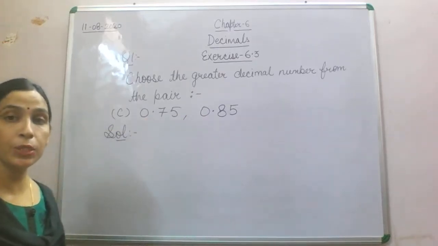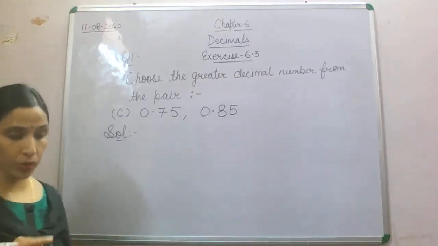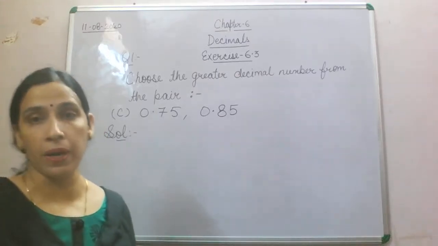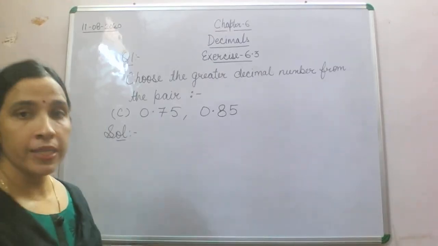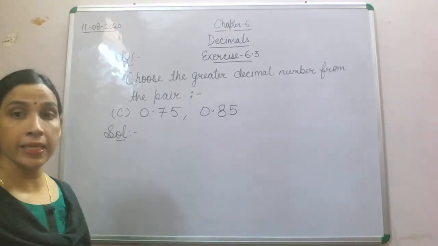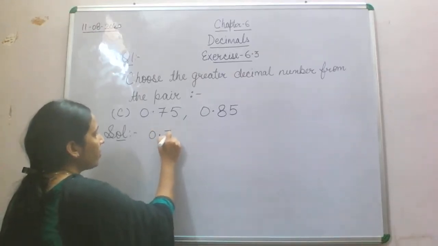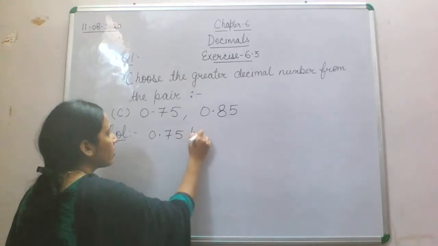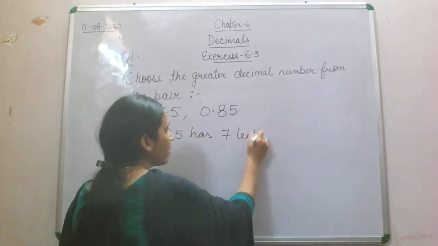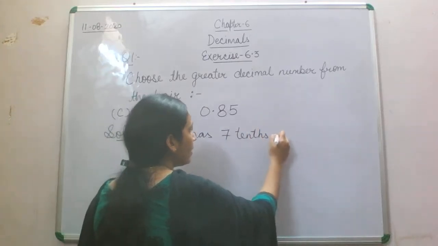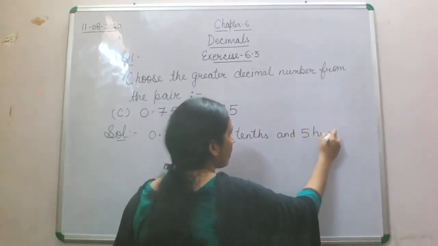So we are not going to compare this whole number part. Now we are going to compare the decimal part. So let's start comparing the decimal part. 0.75 has 7 tenths and 5 hundredths.